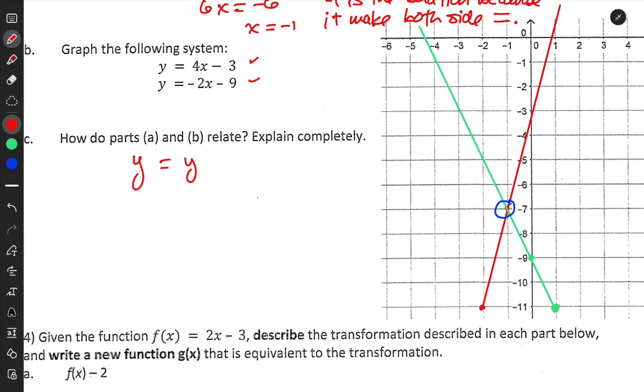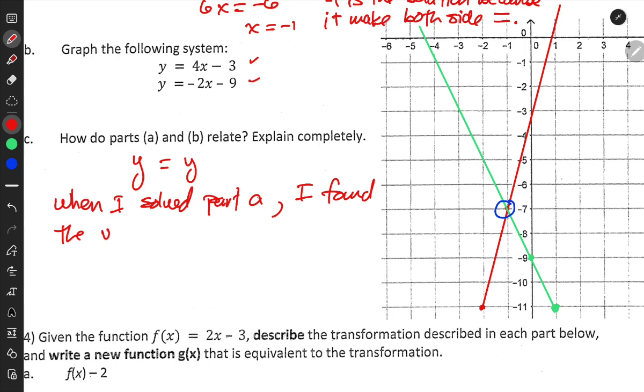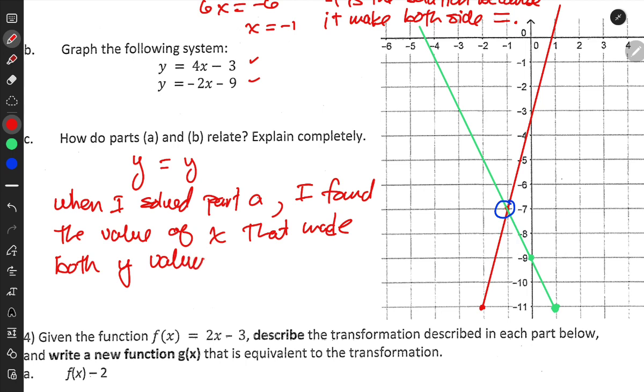So when I solved part A, I found the value of x that made both y values the same.